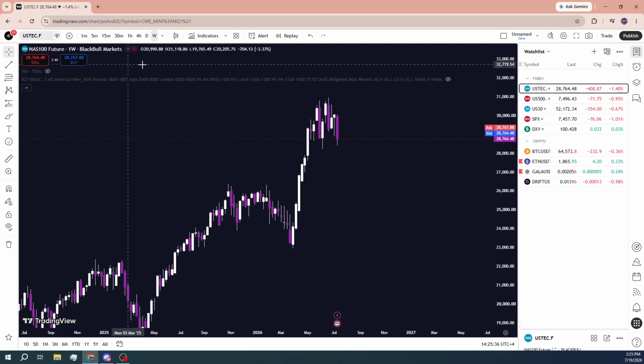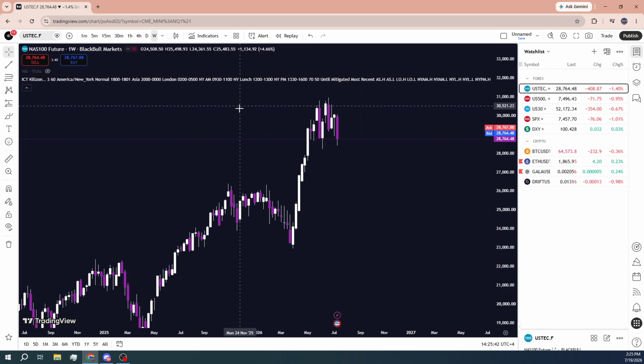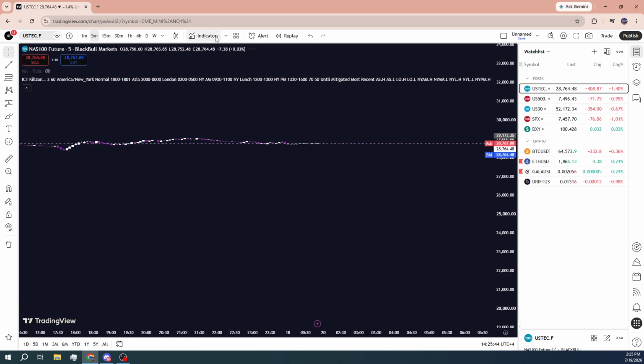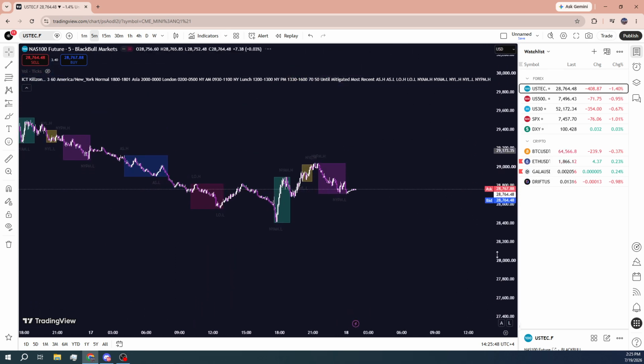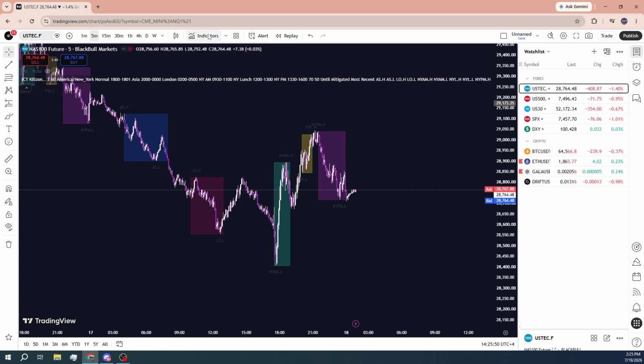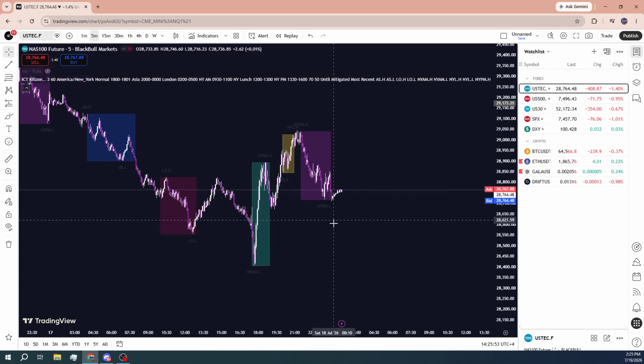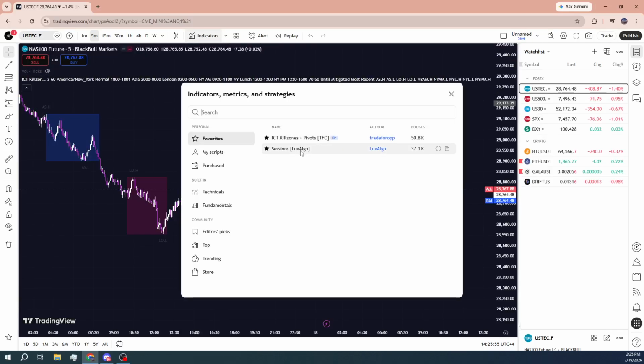And also one more thing before we finish, we also have indicators here. You see these indicators? The only indicator I am using is this. You can add it. You don't really need it yet because you don't know what the sessions are, but in the future we will need it, and we will also explain what the sessions are. This is the only indicator I am using: ICT Kill Zones and Pivots TFO.